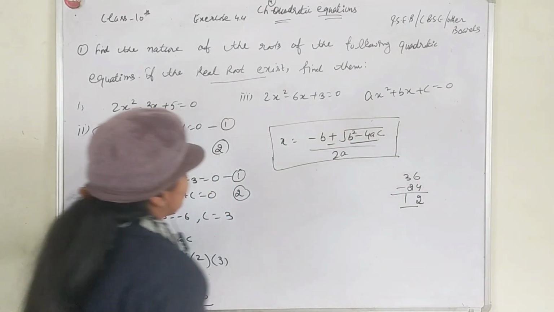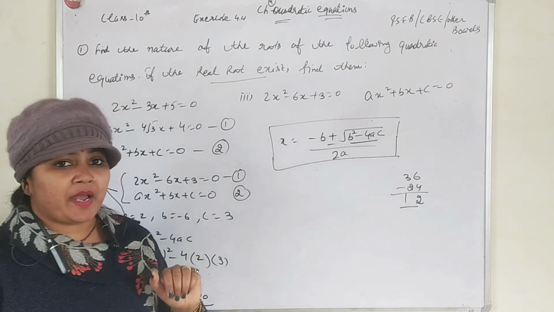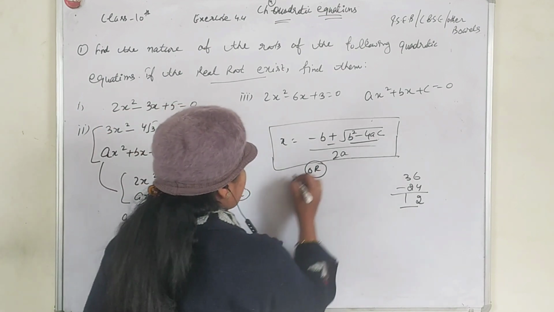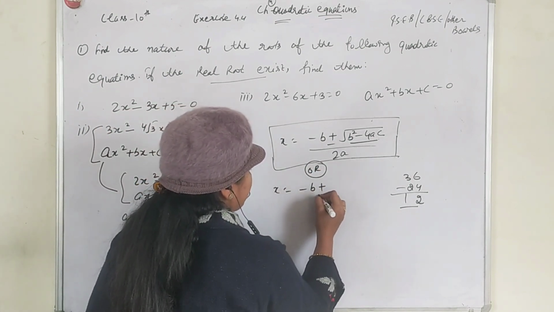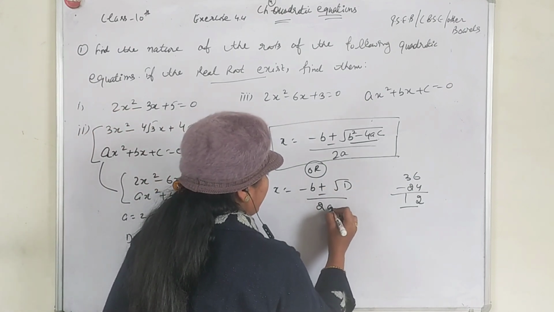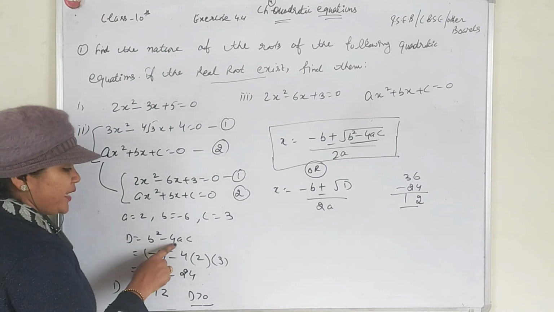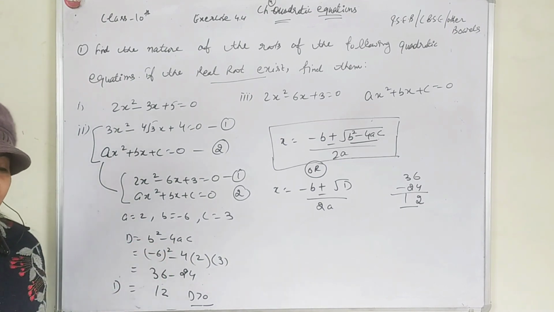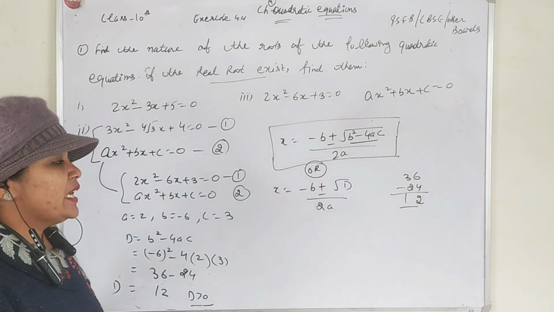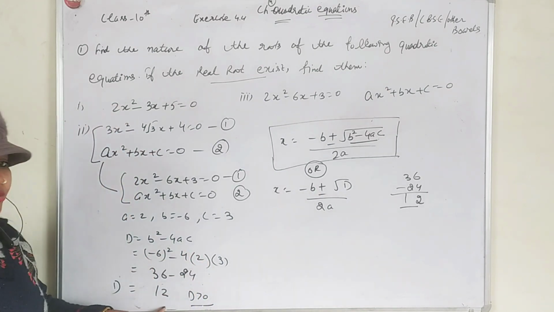For this, we know that x = (−b ± √(b² − 4ac)) / 2a. You can write this formula in this form: x = (−b ± √D) / 2a, because D = b² − 4ac. So you can put the value of D directly, which is 12.